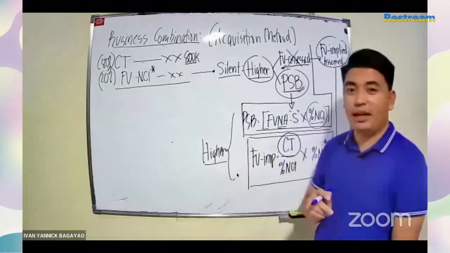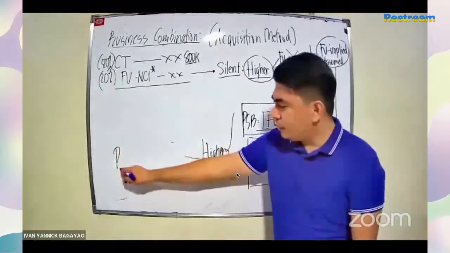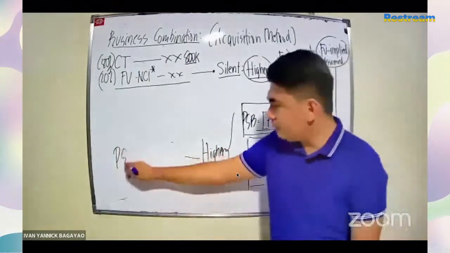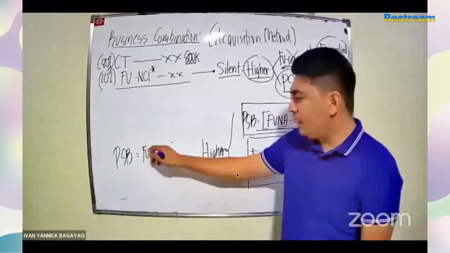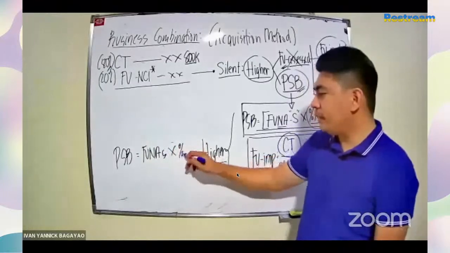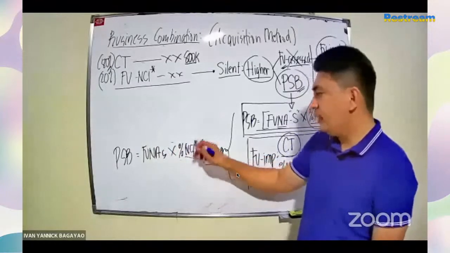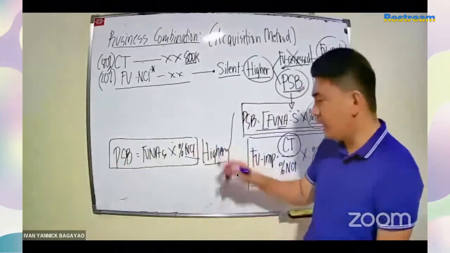Kung excluded dito ang control premium, bago mo i-gross up, okay na yun. Wala nang problema. Okay? So, if you're going to compute for the PSP, this is equivalent again to FVNA of the subsidiary. Multiply this by the percentage NCI. Okay, so ito po yung PSP. And whichever is higher ulit.